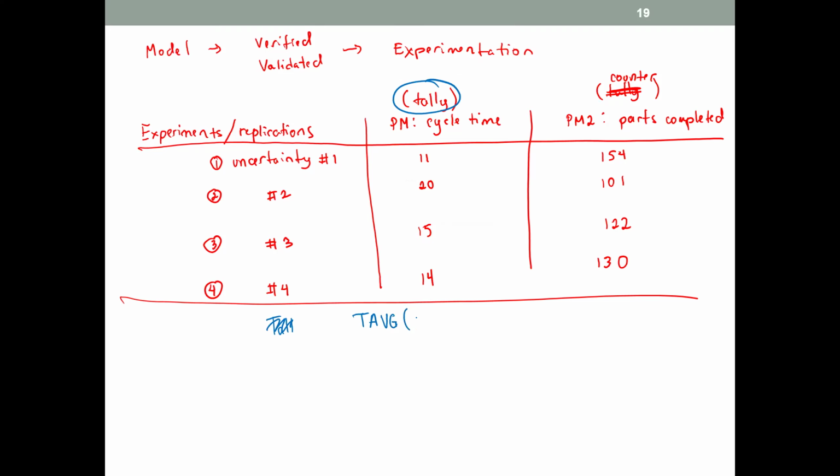For this tally, let's say cycle time, to obtain the average across replications. That'll be 31, 46, and 460. 60 over 4, that's 12, right? So your average across replications for cycle time will be 12.